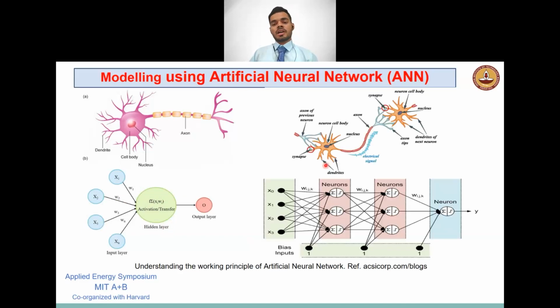Just the same as our body transfers data, in a similar way we can make different hidden layers of neurons for getting a similar kind of data which we obtained through the experiment.